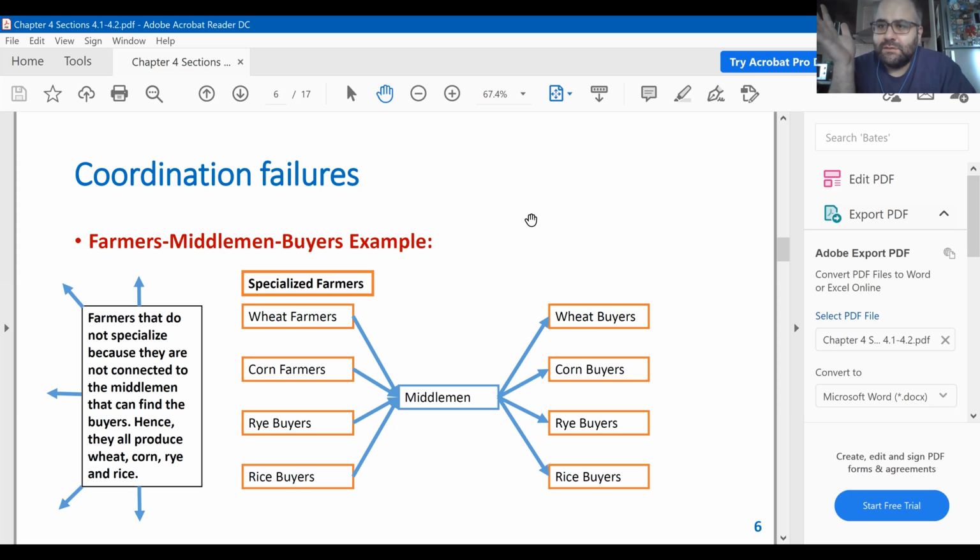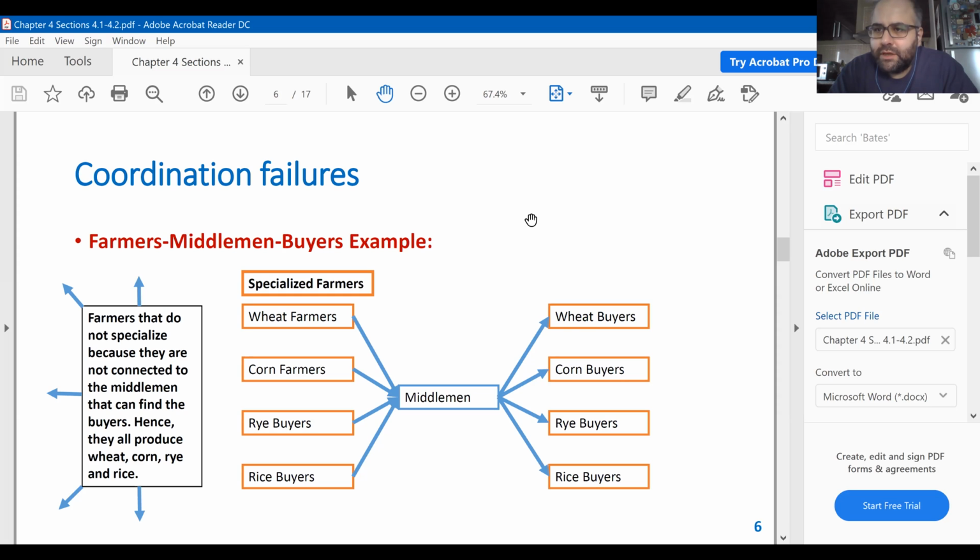Because if the farmers specialize, they learn a lot about that product, they target particular technologies that are suitable for the production of that product, and there could be other benefits. But specialization requires strong ties with the buyers.